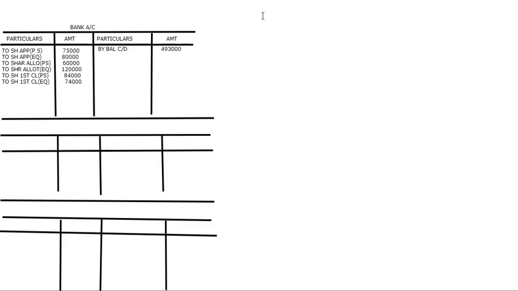Now I'm going to underline it. So 4 lakhs 93,000 here, as well as 4 lakhs 93,000 on this side.